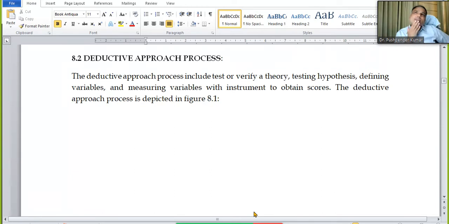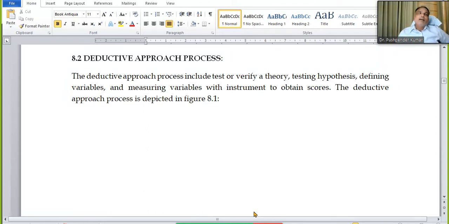Now you may have an issue in your mind. You have gone through different papers, articles, research papers, theses, and dissertations, and these objectives, research questions, and hypotheses were there. What is this verifying a theory? It's not clear to us, right?